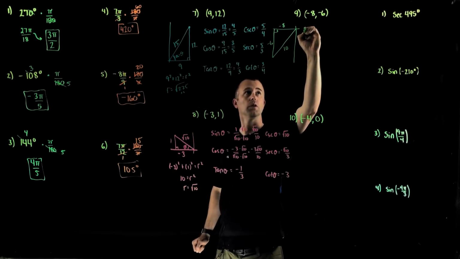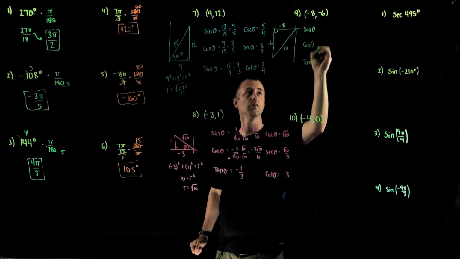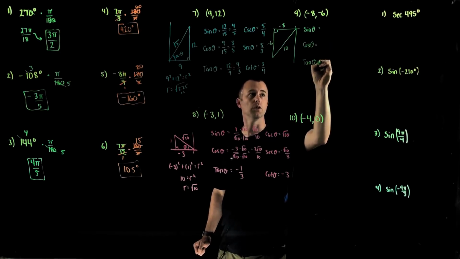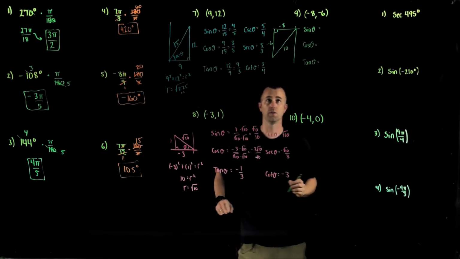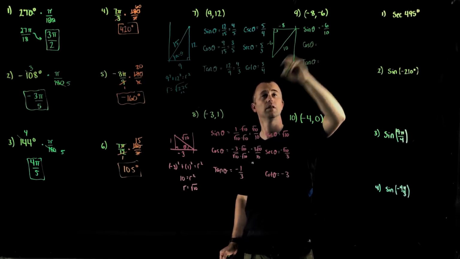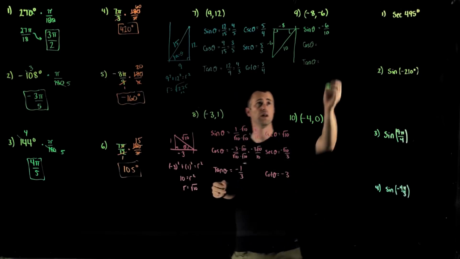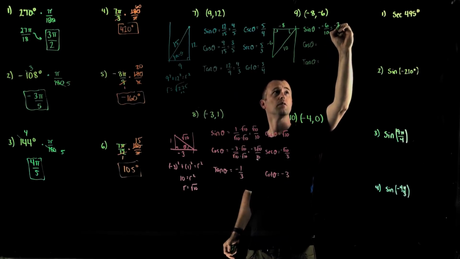So this one I'm going to have, again, sine, cosine, and tangent. And we're just going to do SOHCAHTOA. So sine is going to be opposite over hypotenuse, so that's negative 6 over 10. That's, again, using this angle. So simplify that, you get negative 3/5.